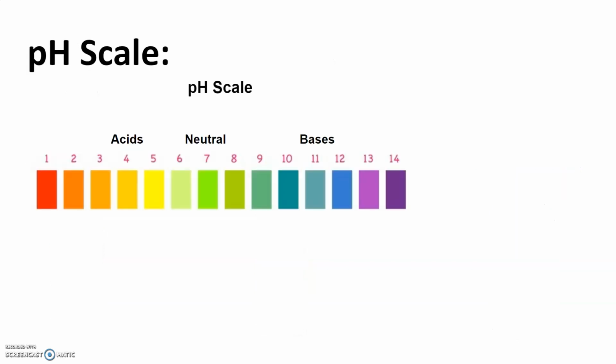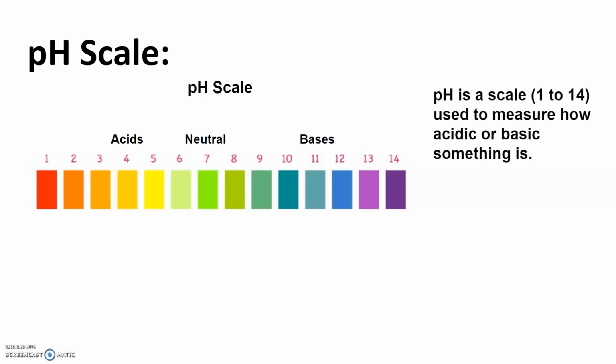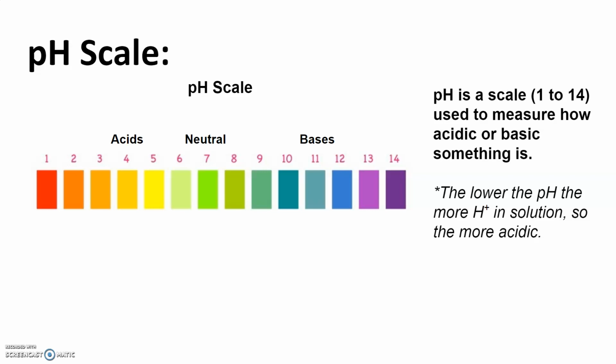So how do we determine something as an acid or a base? It all has to do with what's called the pH scale, which typically goes from 1 to 14, but it can extend outside of that. And that's used to measure how acidic or basic something is. The lower the pH, the more H+ is in that solution. And a solution is something that you get when you dissolve a substance in water.